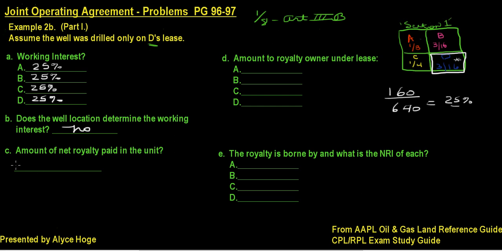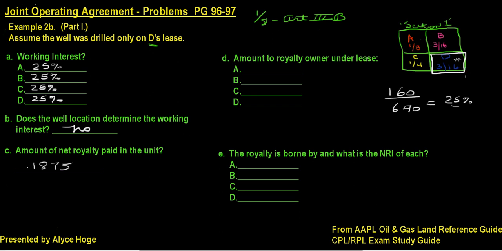The next question is, what is the amount of net royalty paid in the unit? D's mineral owner is going to get paid this royalty interest of 3/16, or 0.1875. Because it's just a 160-acre spacing unit instead of a 640-acre spacing unit, A, B, and C are not pooled in this well. That means they're not going to get any royalty payments.